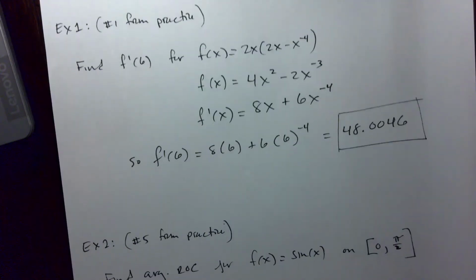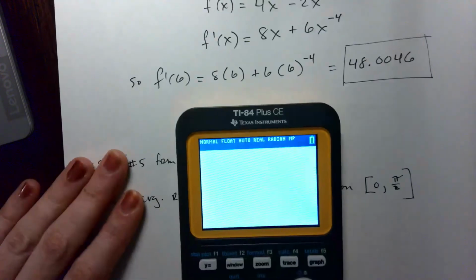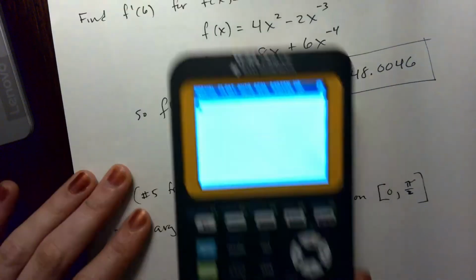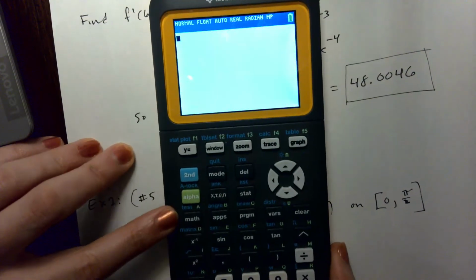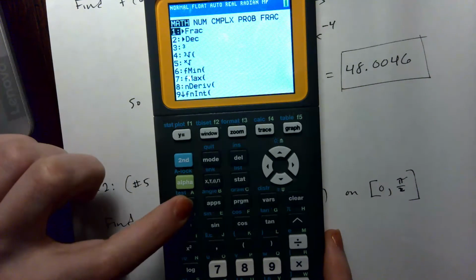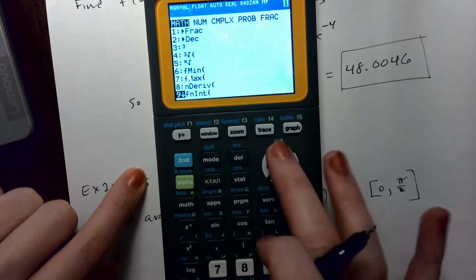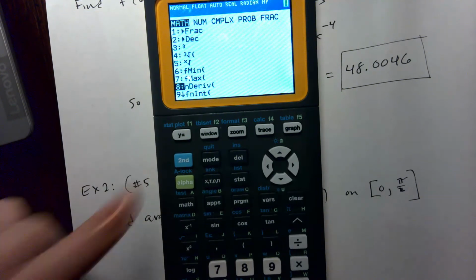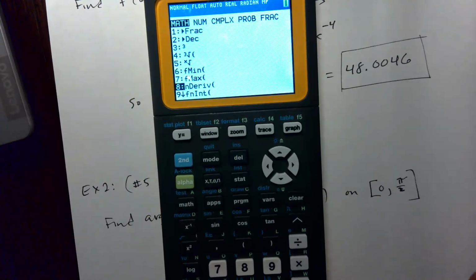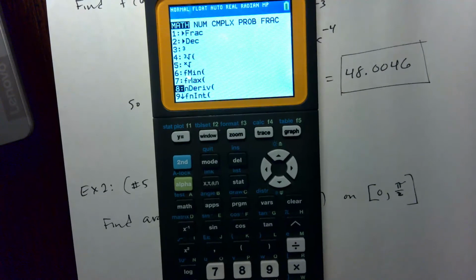All right, now I want to show you something. In the directions on your practice, it's going to say to use Math 8 to check your answer. So you go Math, and then if you go down to number 8, this is the derivative function calculator in our calculator.